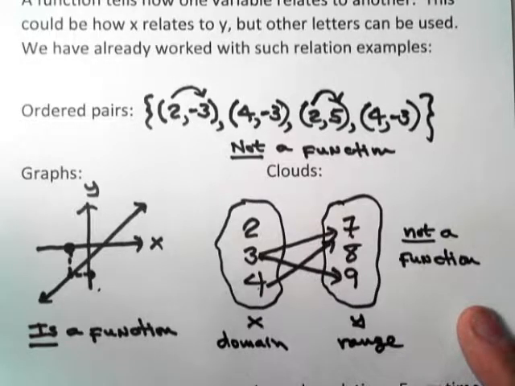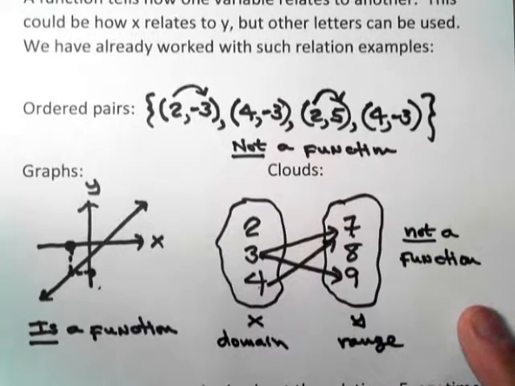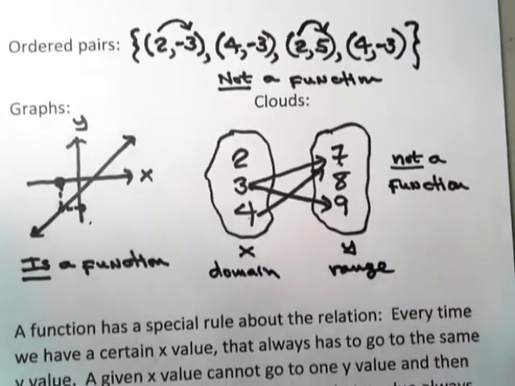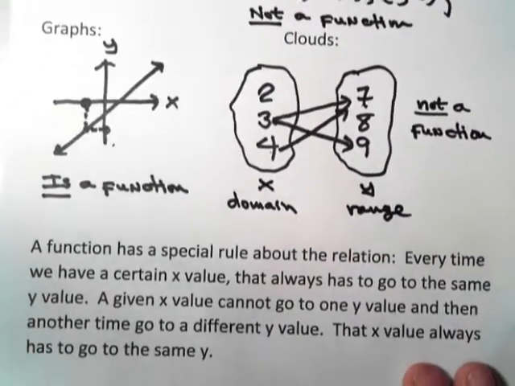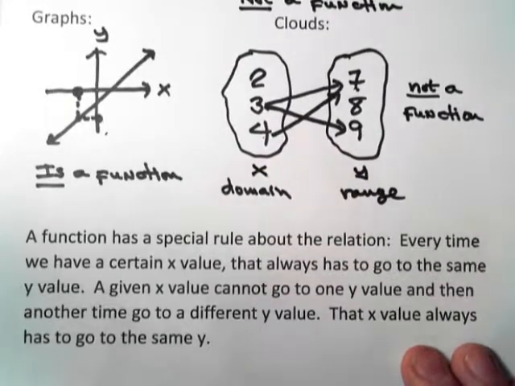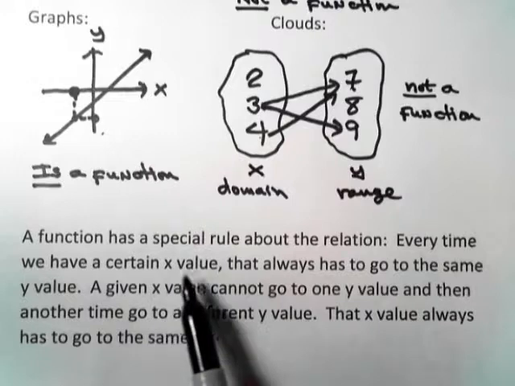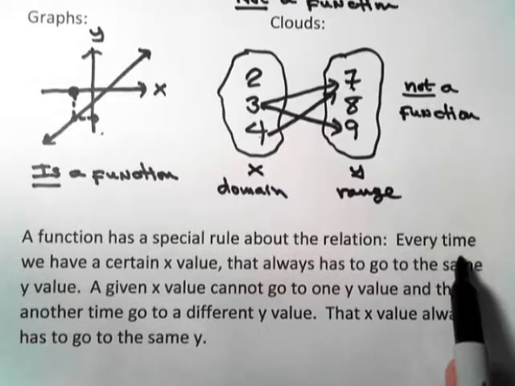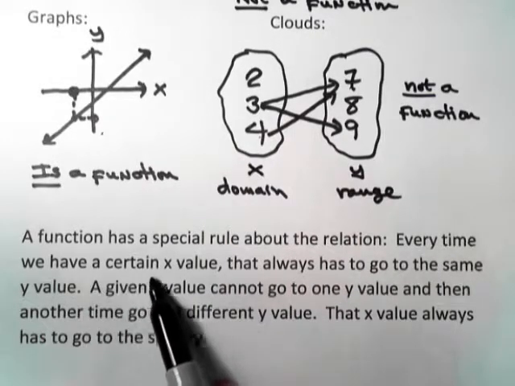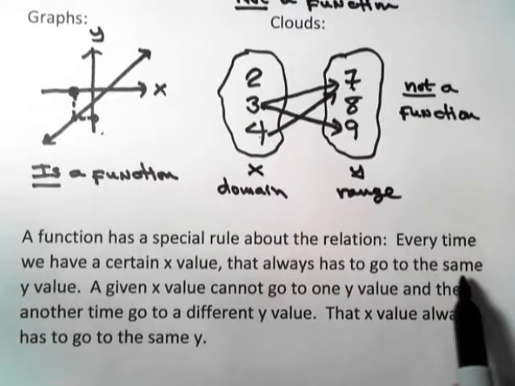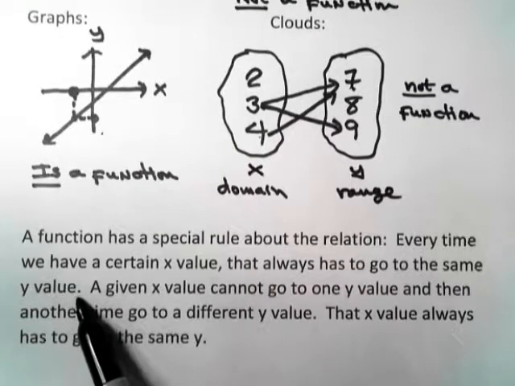Well, now, what we have to do is tighten up this relation idea a little bit, because functions have an additional rule that has to be followed. So let's talk about this. A function has a special rule about the relation. Every time we have a certain x value, that always has to go to the same y value.